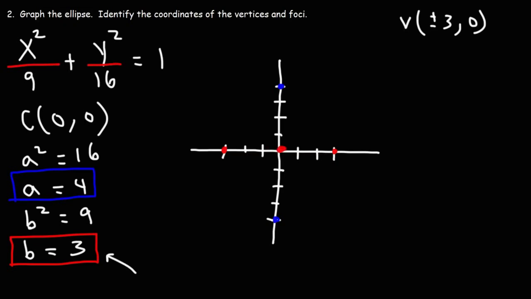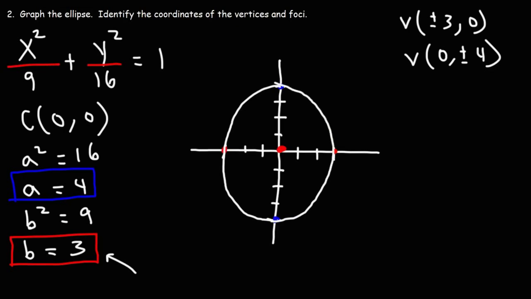And here's the center. So it's 0, plus or minus a, or 0, plus or minus 4. So now let's go ahead and graph the ellipse. So that's how we can plot it.